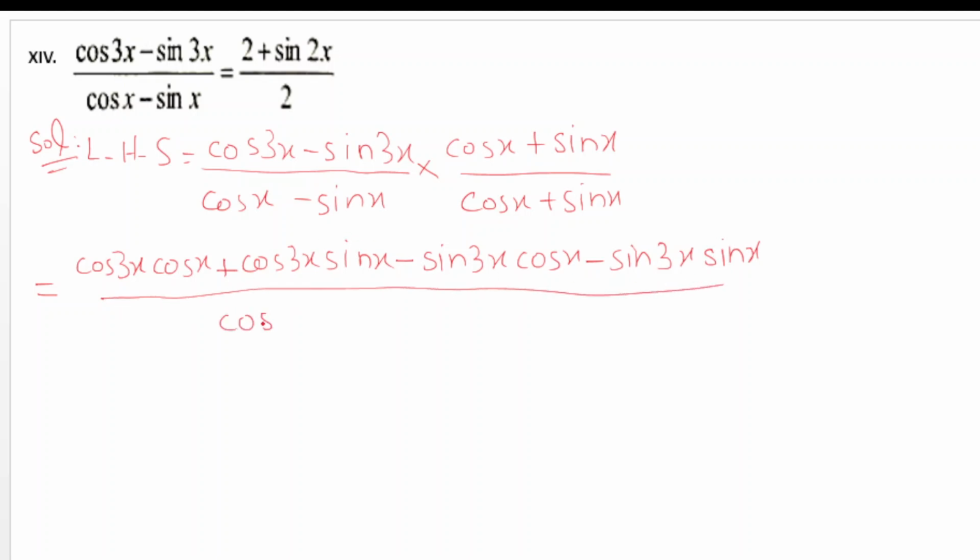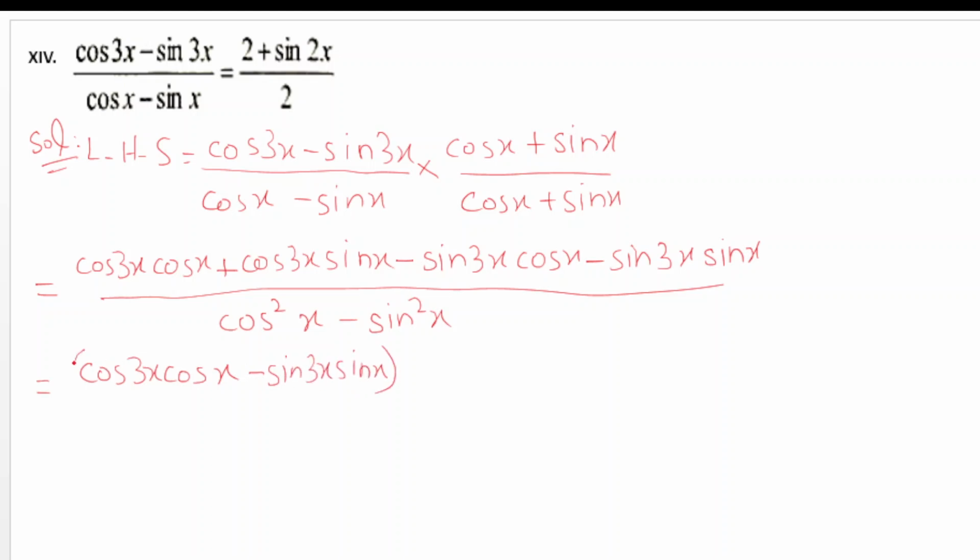So we need to write here cos square x minus sin square x. At the end of the moment, you should know how we apply the formula. Basically, learning the purpose of the formula, the student should know how we need to apply. When you see this, we have cos 3x cos x, and we have to combine with this sin 3x sin x like this.